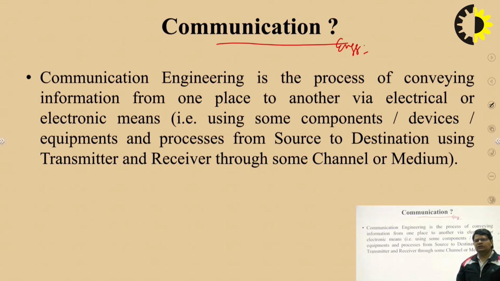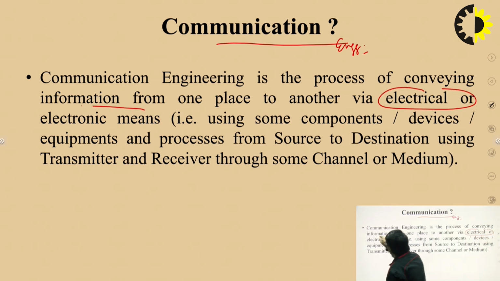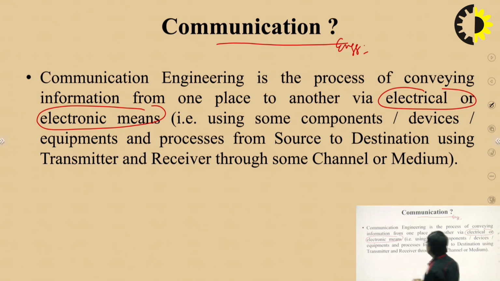Now I am teaching, you are listening. That is communication, but that is not communication engineering. For communication engineering, it is important to use electrical or electronic means. That means we have to use some kind of devices, equipment and processes.